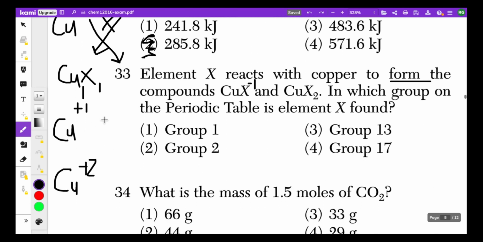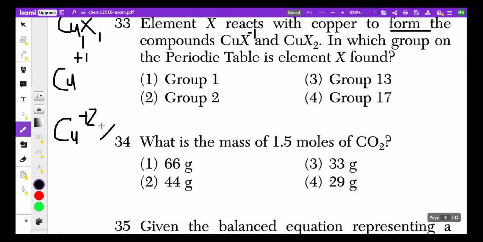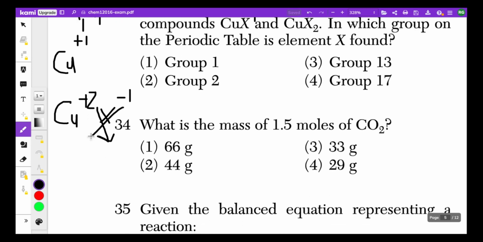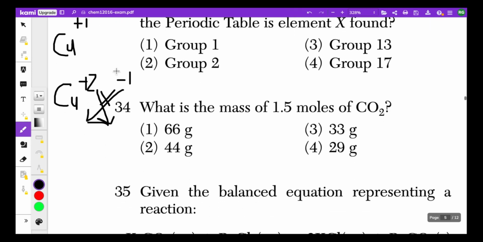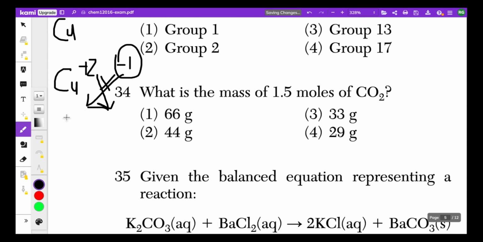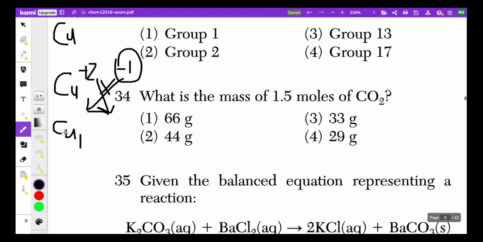Now imagine if we did this reaction for Cu2+ and X-1 and did crisscross. The oxidation number of X is going to become Cu's subscript, the amount of copper there is, while the copper's oxidation number is going to become the amount of X there is in the formula.